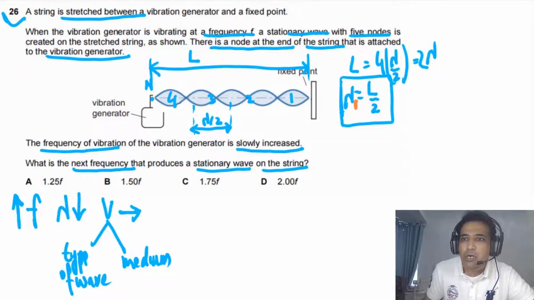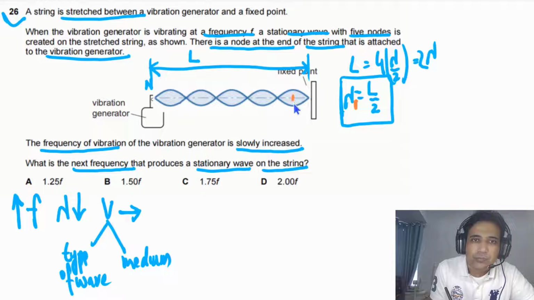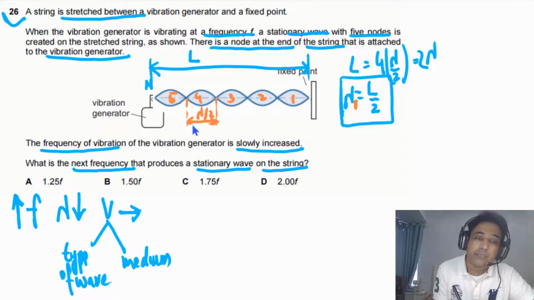Now we have 5 loops. You can draw this one by yourself. So this is one loop, second, third, fourth, and this is the fifth one. In this case, this is also lambda by 2, but this lambda is different.